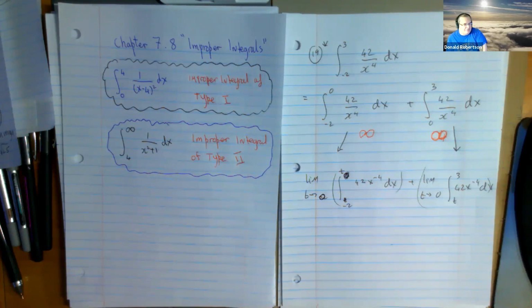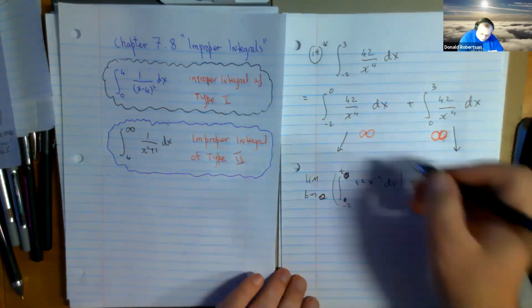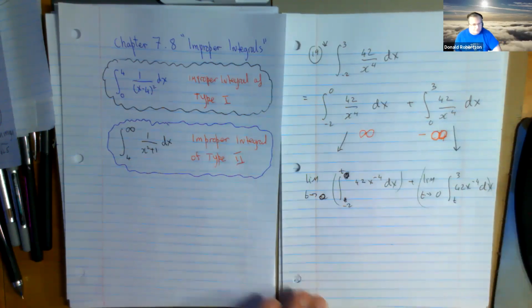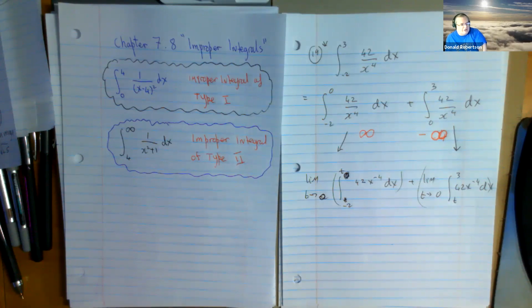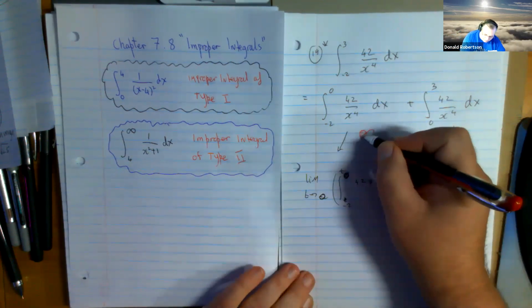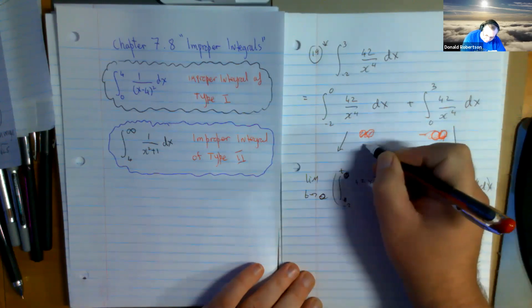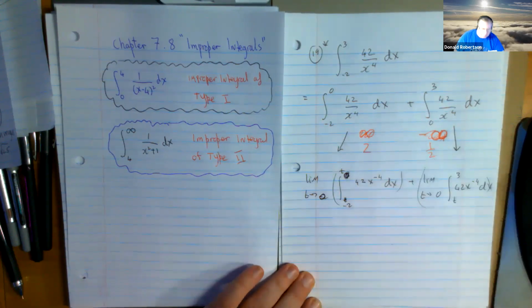Definitely diverges. Can you imagine this was infinite and this was negative infinity? Still diverges. Isn't there only one combination where this is going to converge? And isn't that combination where both of these are numbers?